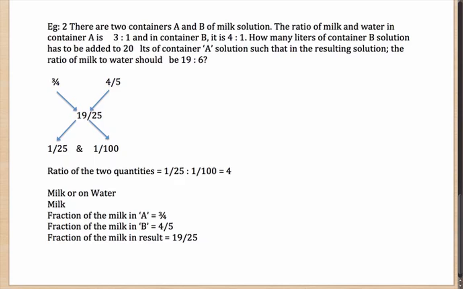So what do I get? I get the ratio as 4:1. And now I am given that 20 liters of container A is what I had. So if it is 4:1 and I have 20 liters in container A, how much will I have in container B? Well, it has to maintain the ratio of 4:1. So I will have 5 liters in container B. And that is the value that we were looking for.